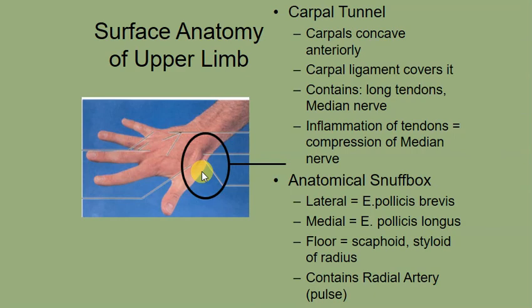We are taking the pulse of the radial artery at the anatomical snuffbox. We have the floor, the medial, the lateral. All these components you need to know: the lateral and medial boundaries, the floor of each and every triangle and the components of the upper limb.